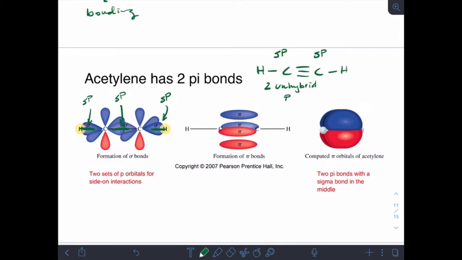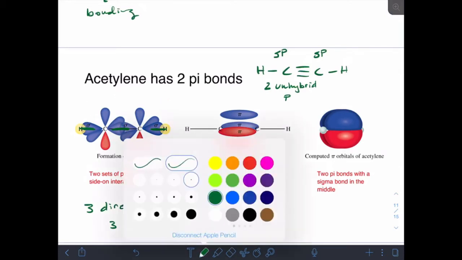So I have 3 direct overlaps. That means 3 sigma bonds. Okay? So then, to clean this up a little bit, and we'll use a slightly different color.